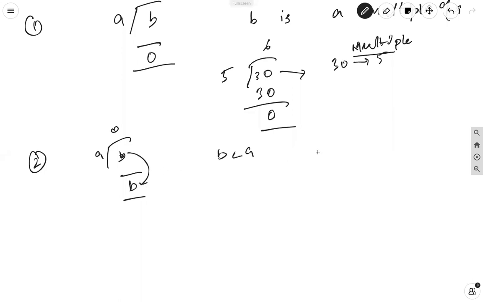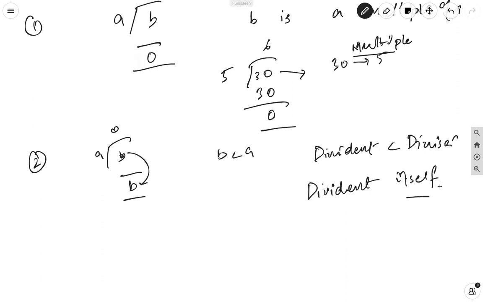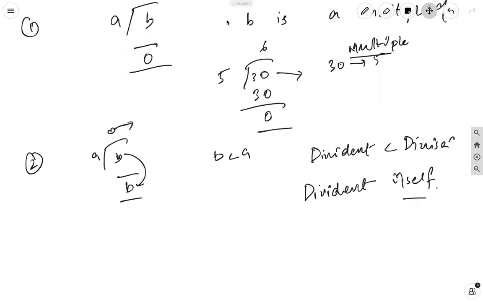So remember, if the dividend is less than the divisor, our remainder will be the dividend itself. From this, we can also assume that our quotient could be 0 as well, right? This could be 0 and this could be a positive value as well. Both could be the scenarios, right? Shall I proceed forward?